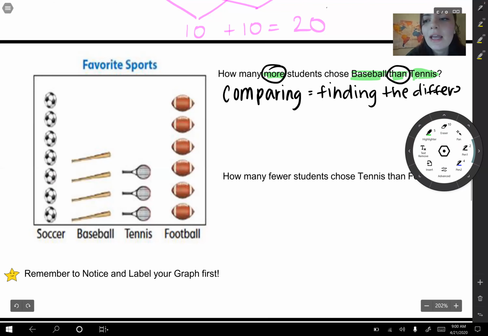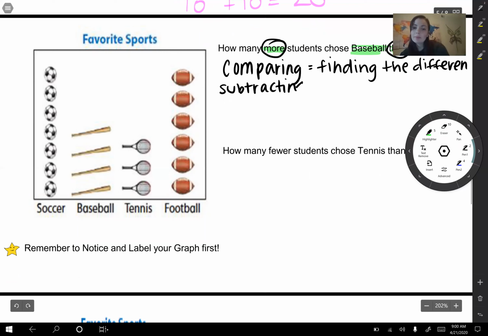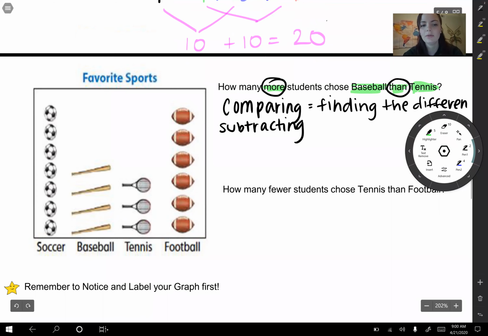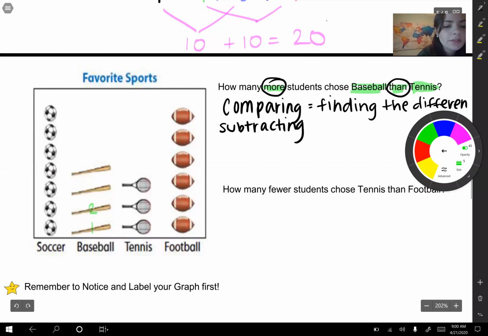And that also means we are subtracting. I know that was a lot, but I want us to remember those three words are very similar. Comparing, finding the difference, subtracting. So baseball and tennis. Let's go to baseball and let's count baseball. Okay. So 1, 2, 3, 4. I'm going to write a 4.